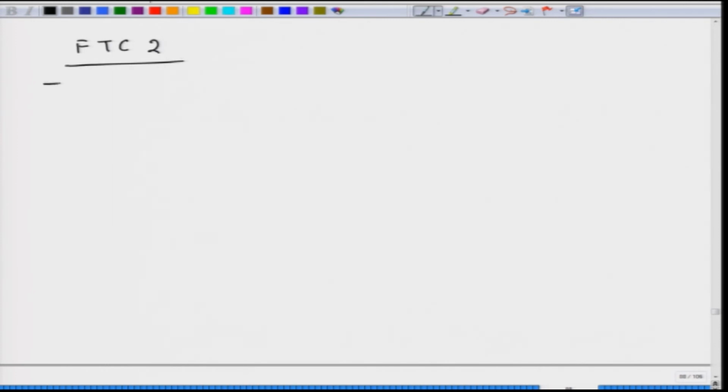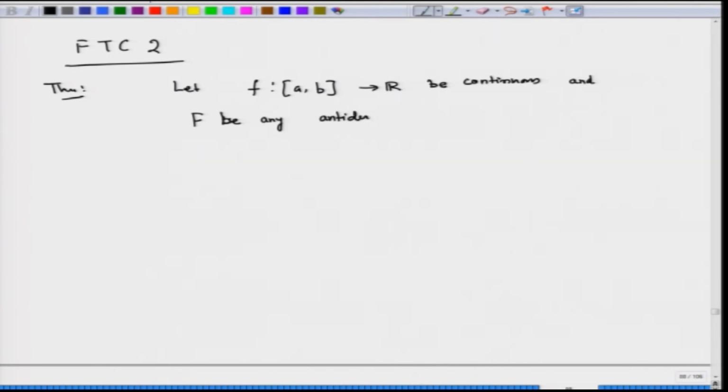So, let f from a, b to R be continuous and capital F be any antiderivative of f.